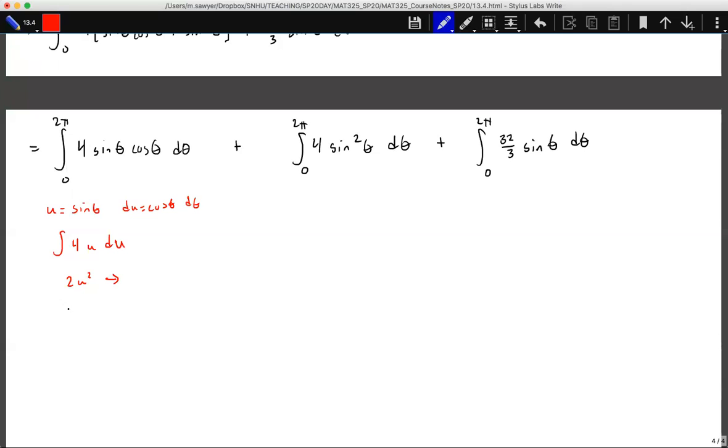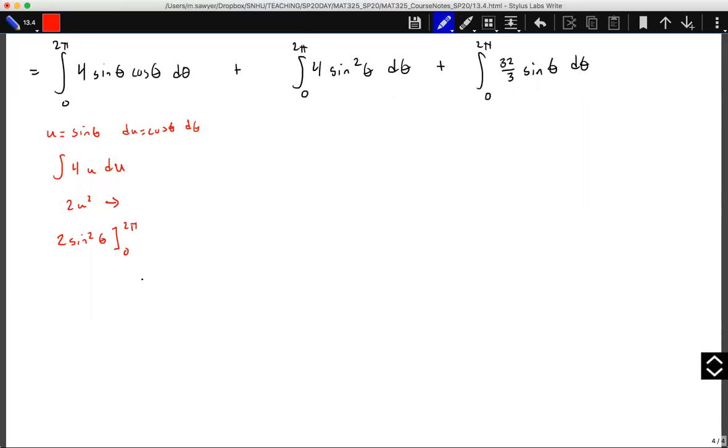So this gives us 2 times sine squared of theta evaluated from 0 to 2 pi. And our third piece is a nice integral, so we have negative 32/3 cosine of theta evaluated from 0 to 2 pi.